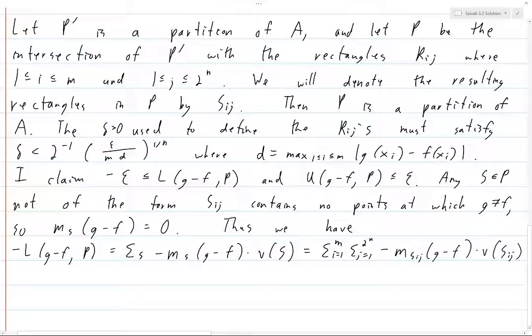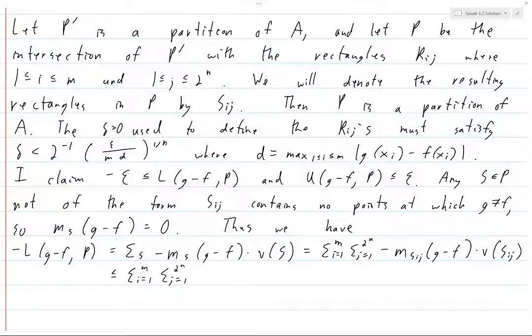Okay, so now this is going to be less than or equal to the sum from i equals 1 to m again, and the sum from j equals 1 to 2 to the n, of minus m_S_ij(G minus F). So we take the smallest possible value of G minus F and take its negative. If G equals F, that's going to be 0.